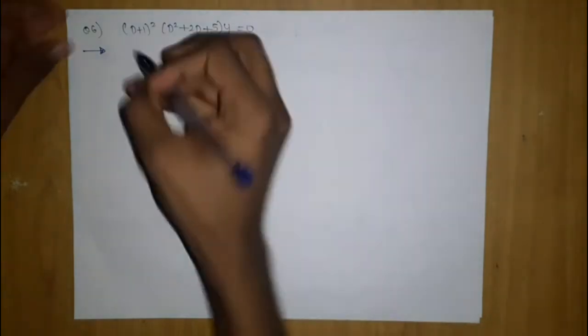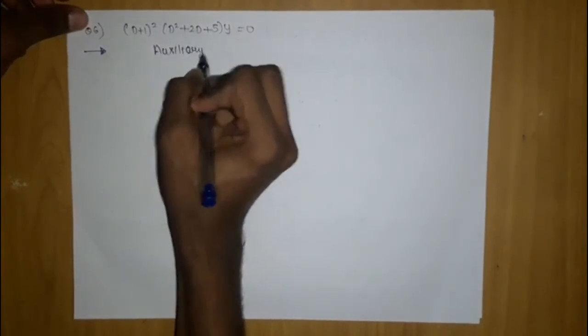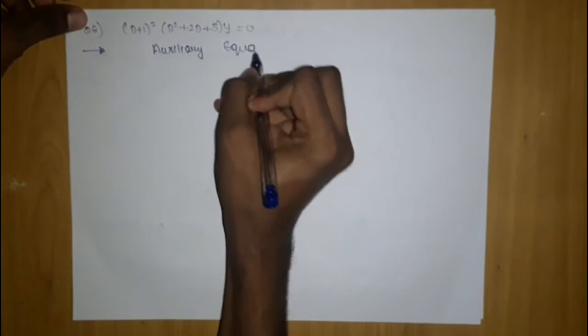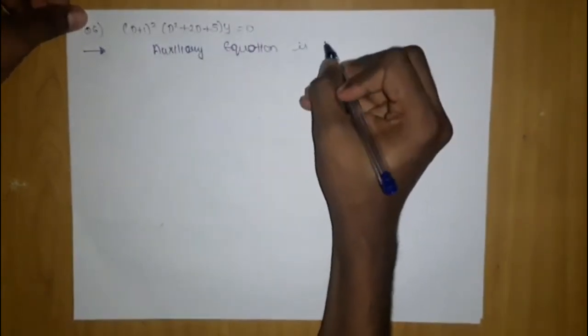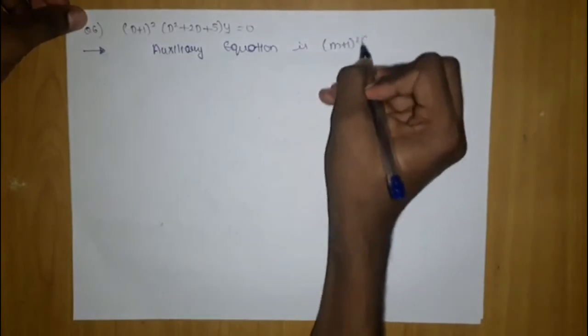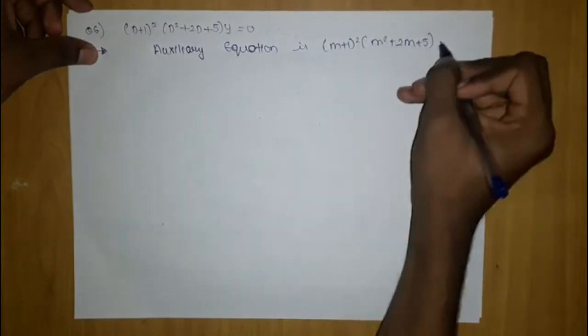The auxiliary equation is (m plus 1) the whole square into (m square plus 2m plus 5) equals 0.